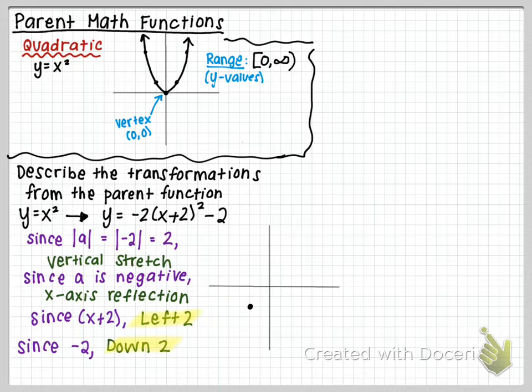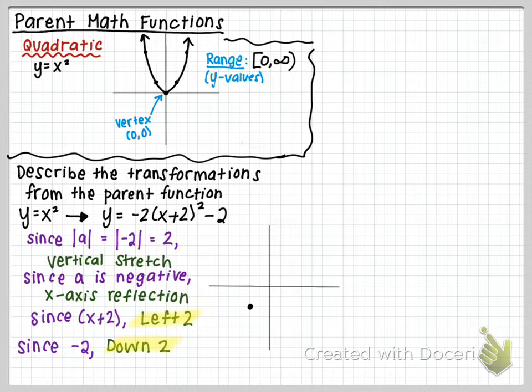Now I'm going to look at the A. Okay? I have to figure out, is it going to be upside down or is it going to be right side up? Well, that negative tells me I have an x-axis reflection, which tells me to point downwards, right? It's going to point like this instead of pointing up. Cool. Now, what about the vertical stretch? Don't worry about this too much right now, but we know it has to be pointing down. And stretch is going to make it wider or is it going to make it skinnier?